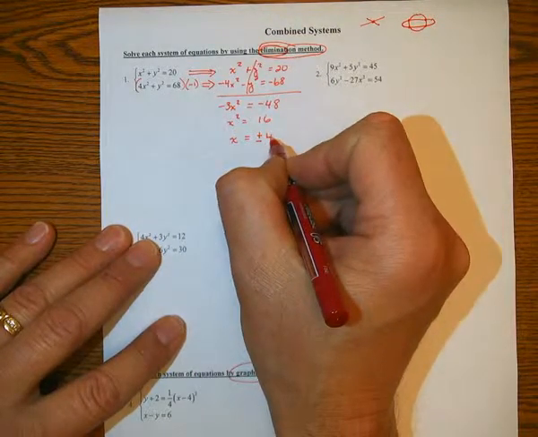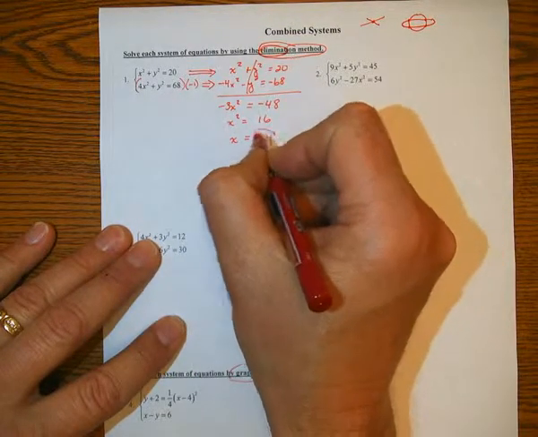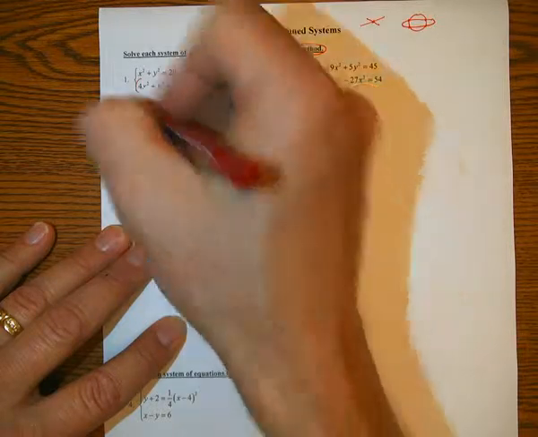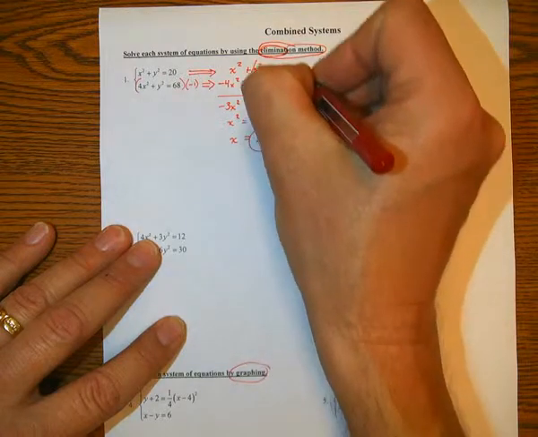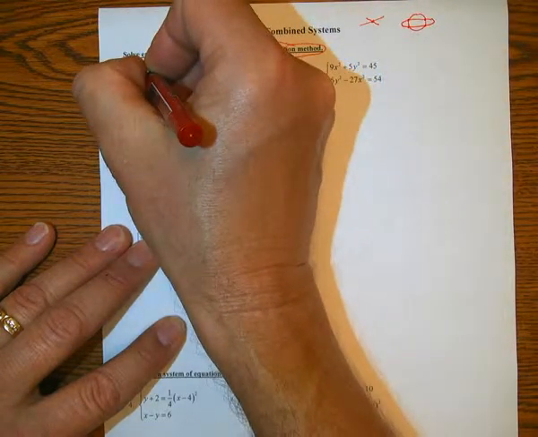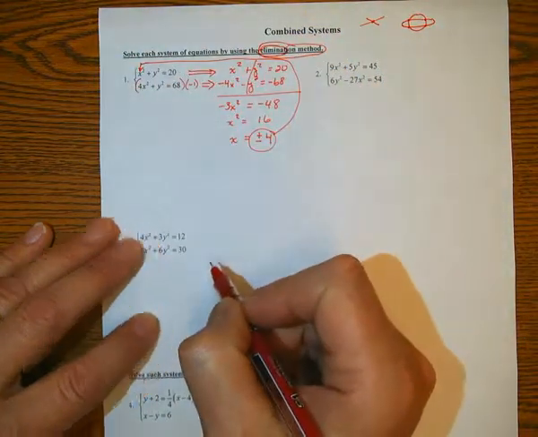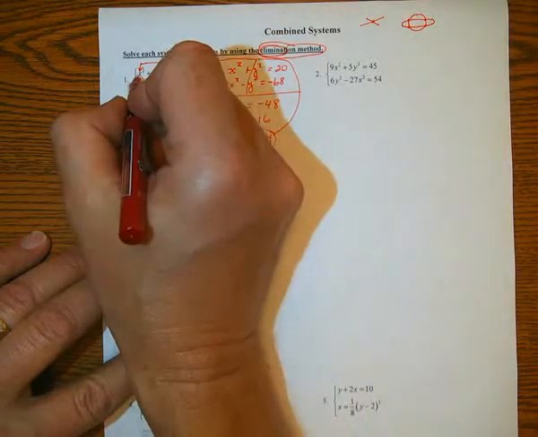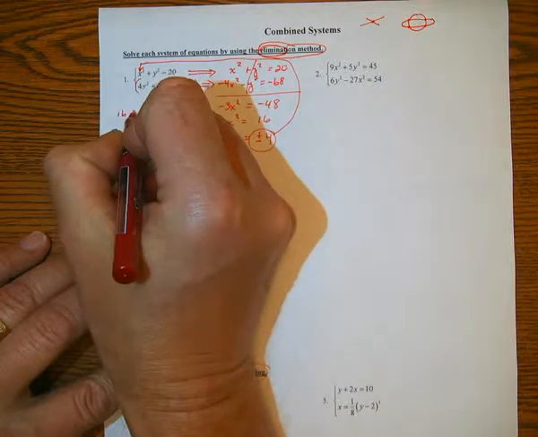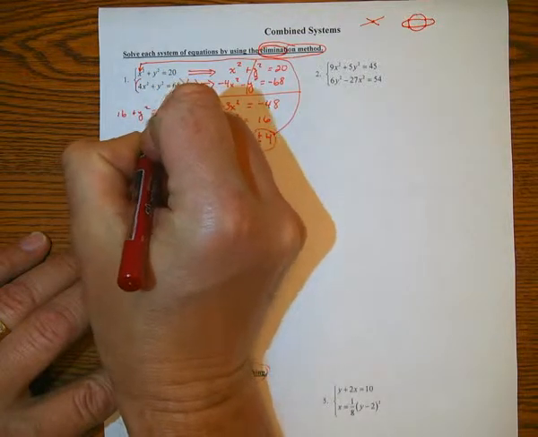To get the y value, you now take this and substitute it back into one of our equations. I'm just going to substitute it back in for x in this equation. All right, so let's start with the positive 4. 4 squared is 16 plus y squared equals 20.